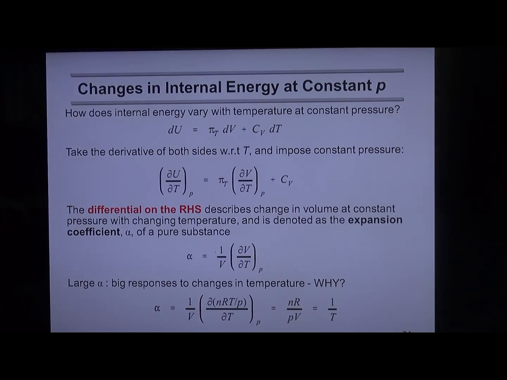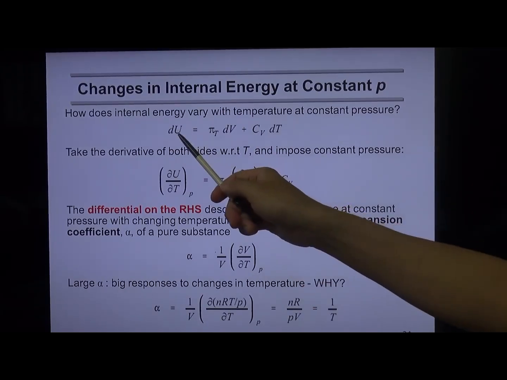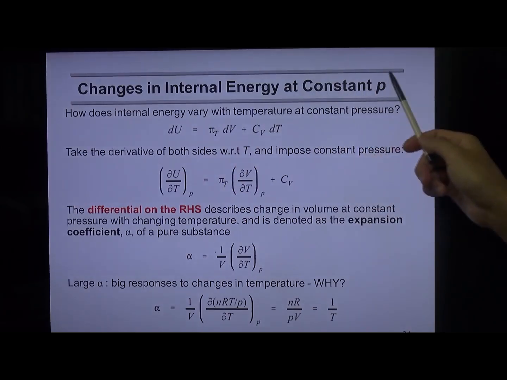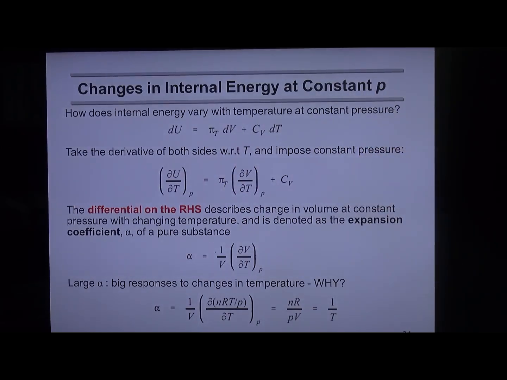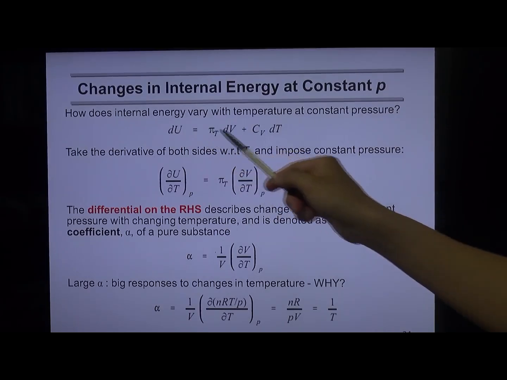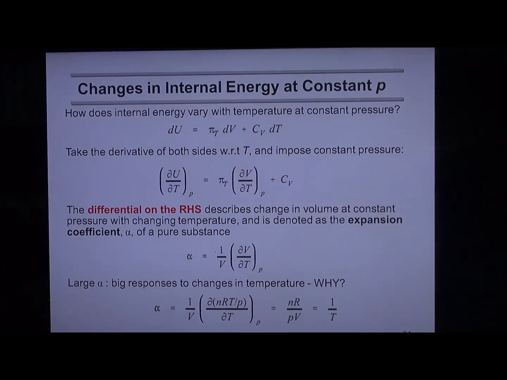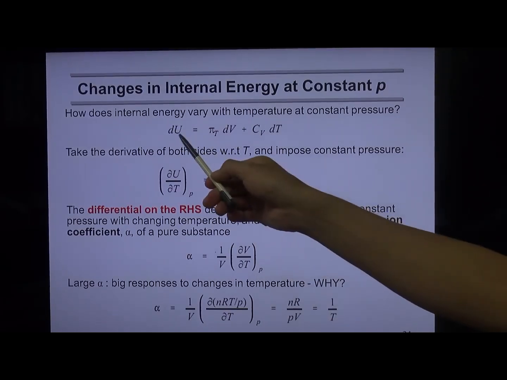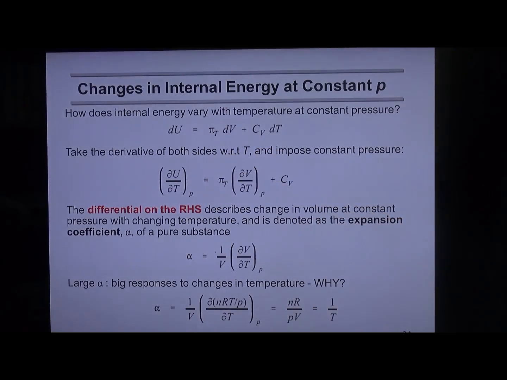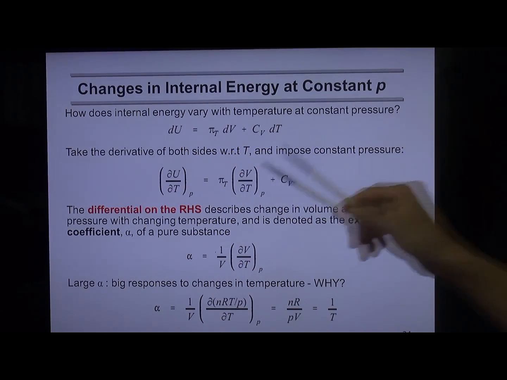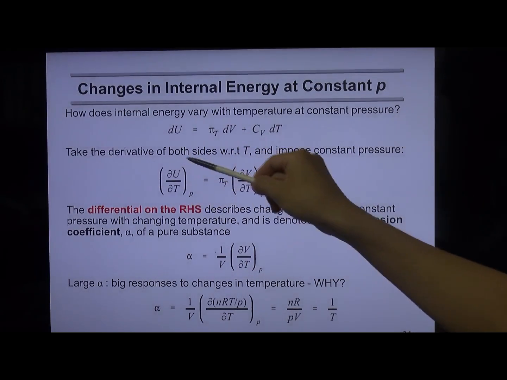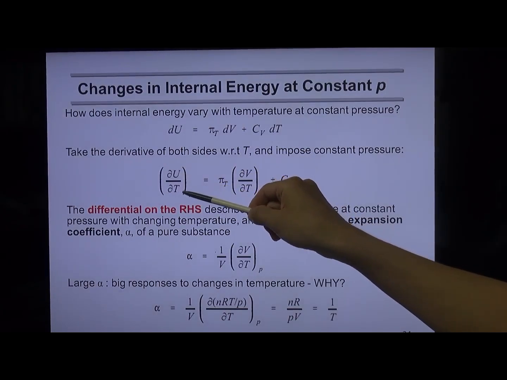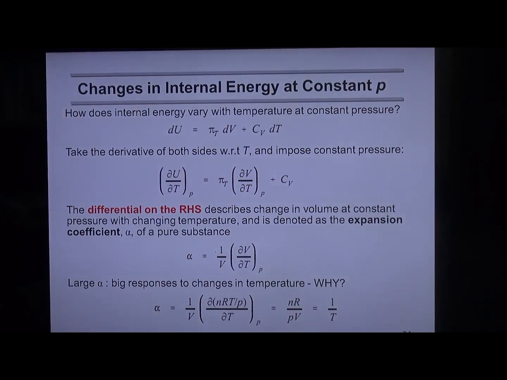What if we want to know how internal energy changes at constant pressure? Previously, we expressed U as a function of volume and temperature, right? How about if you want to know how U changes at constant pressure? For example, if you want to know how internal energy changes as a function of temperature at constant pressure, how can you do it?